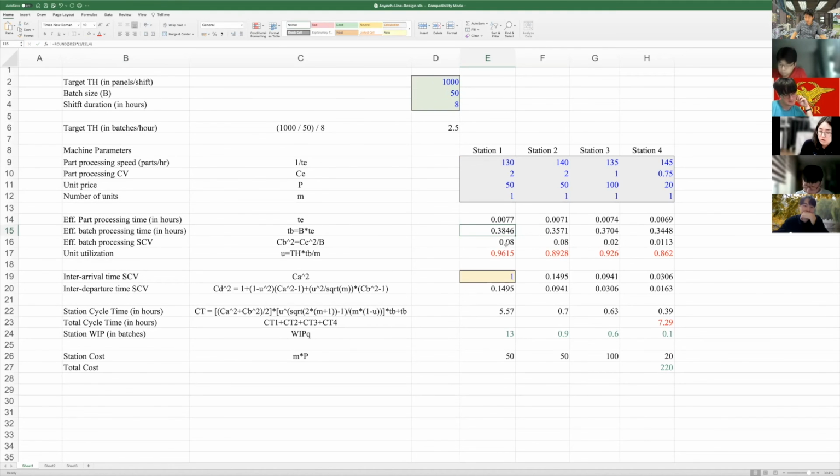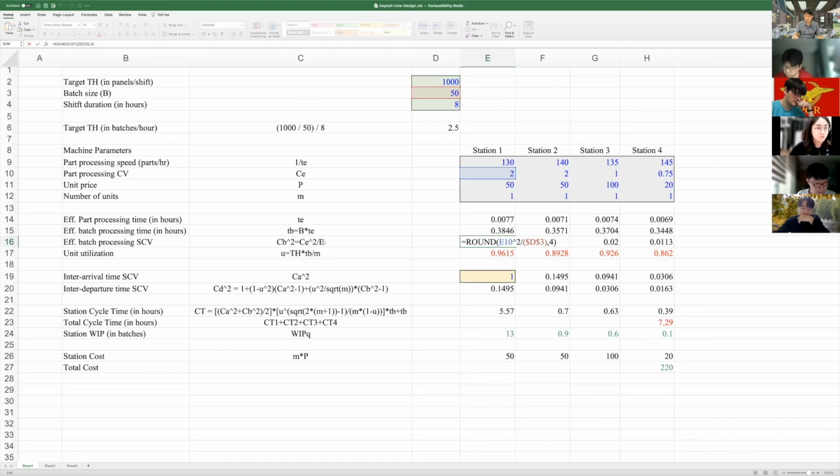And the important thing is here. The SCV, squared CV, is calculated by dividing the single part variability by the batch number. It means that if products move together as a group, then the CV is decreased.